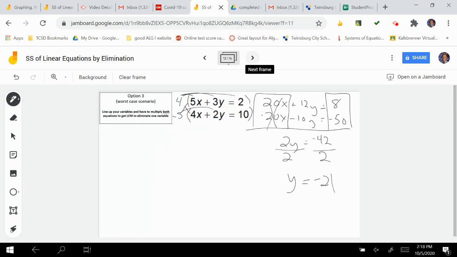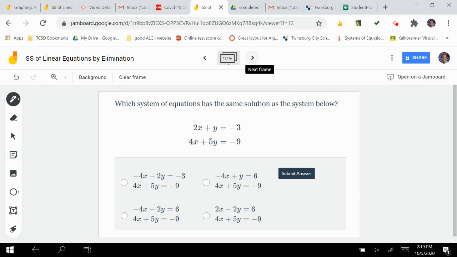And then we could plug that back in and get my ordered pair of 13, negative 21. However, when in doubt, you can just crisscross these up front and just make sure that you have one be the opposite sign. I always like to make my bottom equation the negative one, just so it's easy to say 20 minus 21. All right?